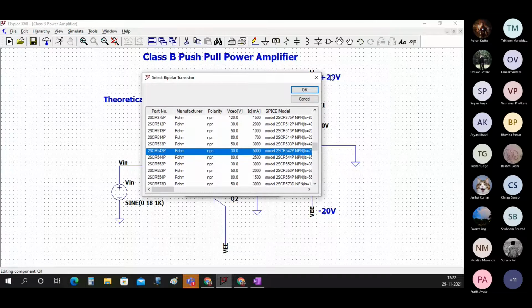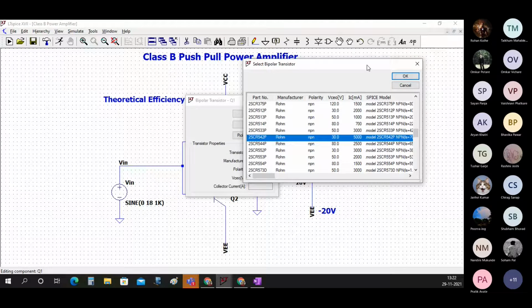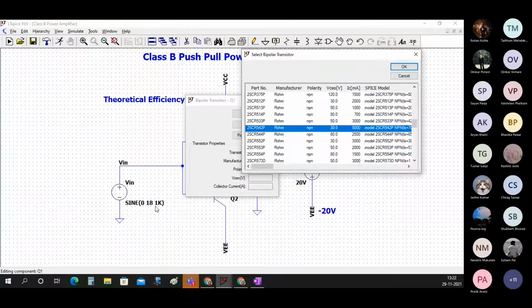So how much are you applying here? Here you are applying a base voltage of 18. So 18 is less than 30? Yes. So we can choose this transistor. And current we are not yet sure, so that's why we are taking the maximum value, that is 5000 milliamperes, which is 5 amperes. Okay.